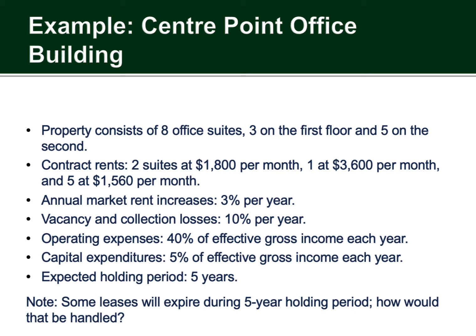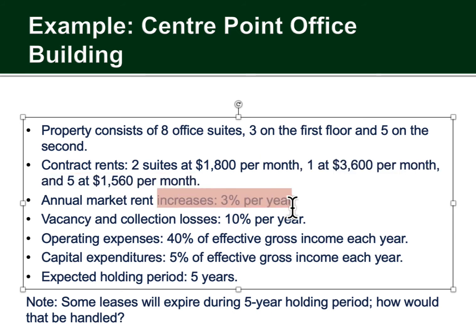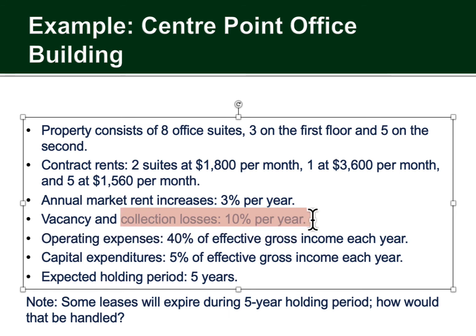2 of the suites rent at $1,800, and then the others range from $1,500 to $3,600. And rent increases are 3% a year as stipulated in the contract, so that's our step-up lease in action right there. And then in this market, we estimate that 10% of units are vacant at any one time.